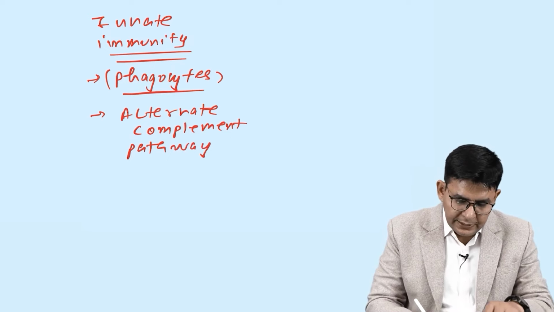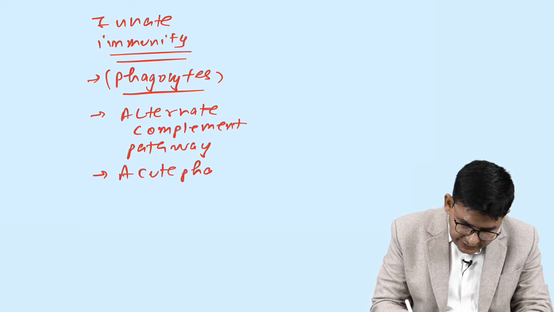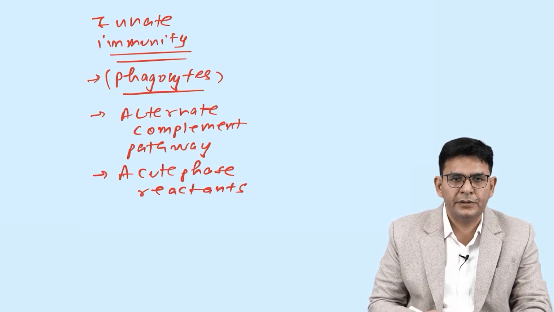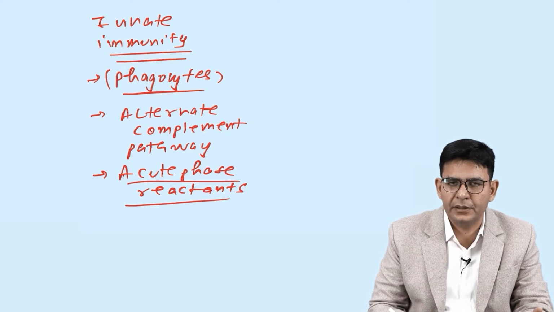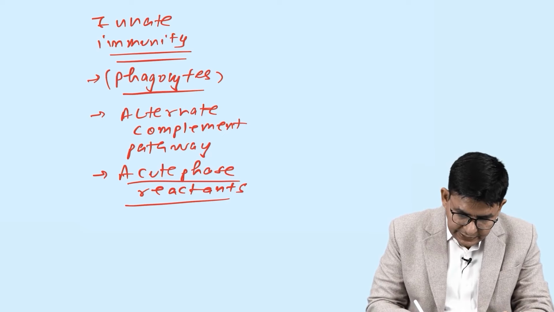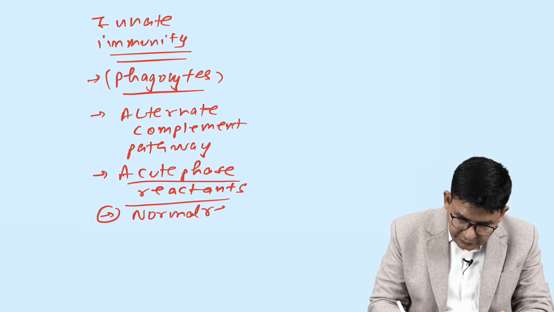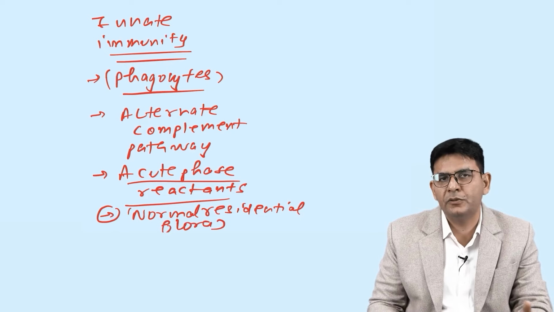Okay. Then the number of acute phase reactants which are released in inflammation, like CRP and all that, they are all part of what? Your innate immunity. Even your normal residential flora is also a part of what?